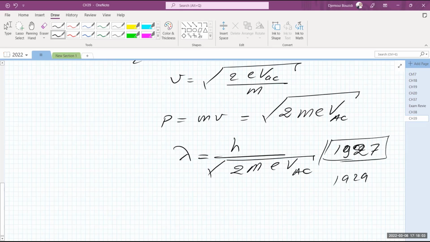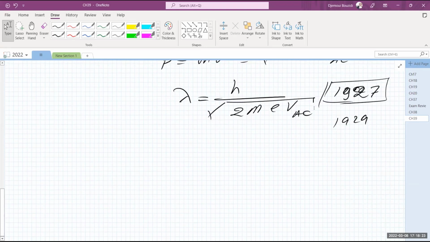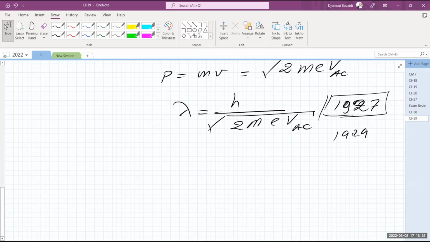And in 1927, Mr. de Broglie received the Nobel Prize for his proposal. So particles now behave as waves. If you know the momentum of the particle, you can find its wavelength, lambda.